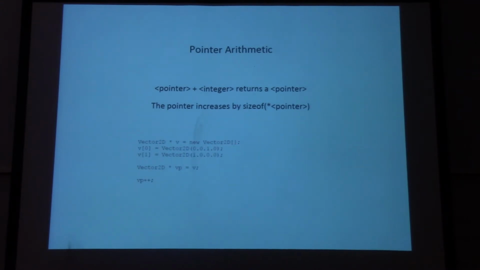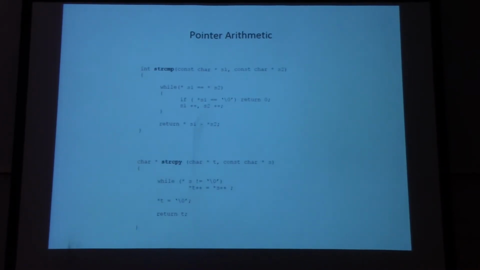Then vector sub 1, I construct a vector, put it in here, construct another vector, put it in here. And then vector 2D star VP, this is a vector pointer, is equal to V. And then I can say VP plus plus, what does that do? Initially the pointer was pointing at the first one, now it's pointing at the second vector. That's all. Okay.